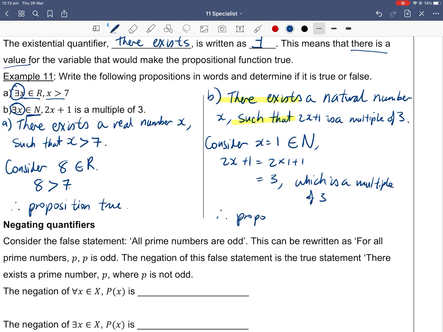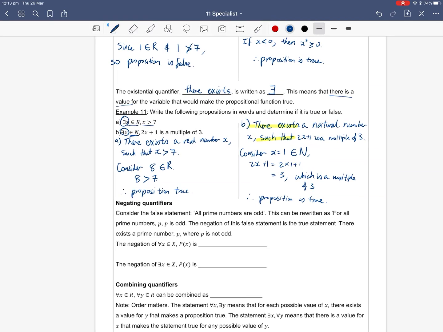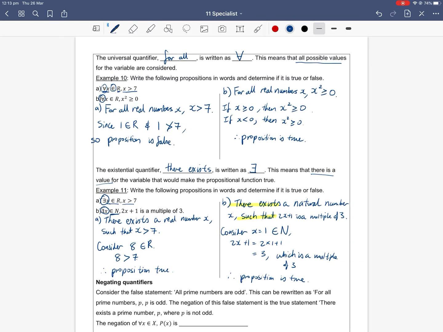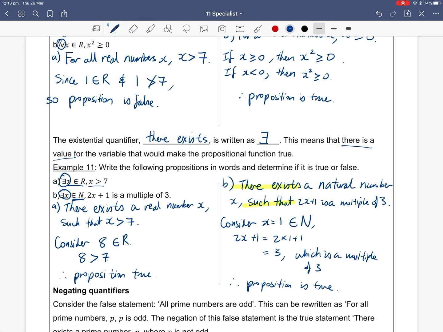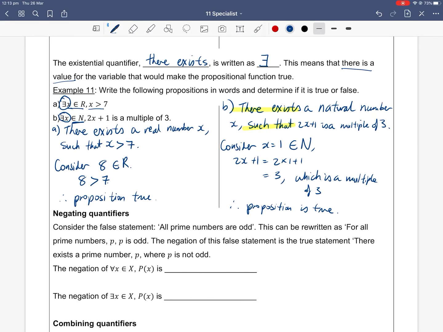So therefore, the proposition is true. So the difference between for all and there exists: for all has to hold for every possible value of interest. There exists is, as long as you can find me one, then we are happy.